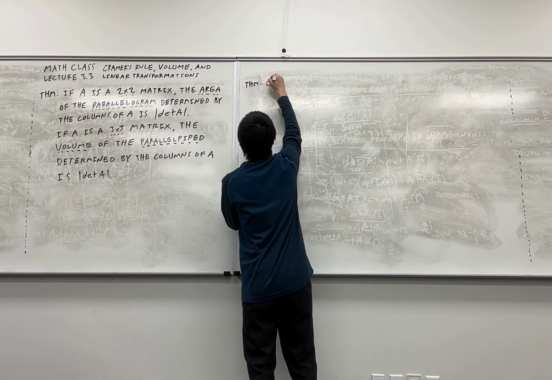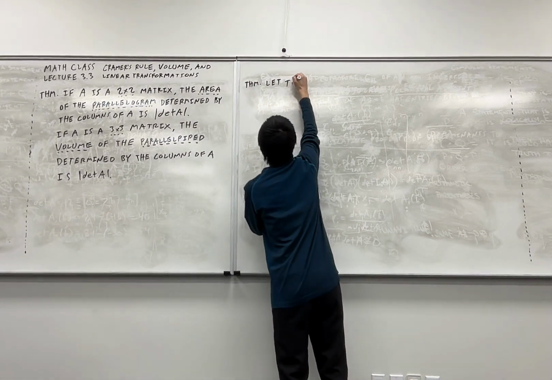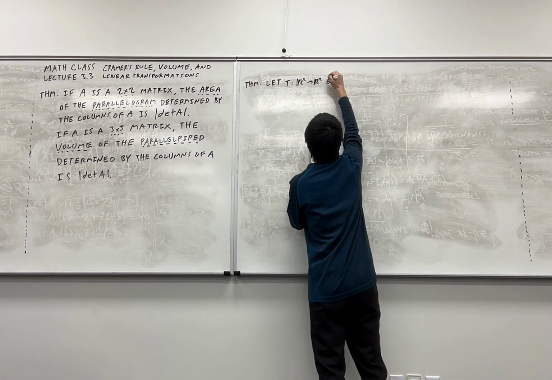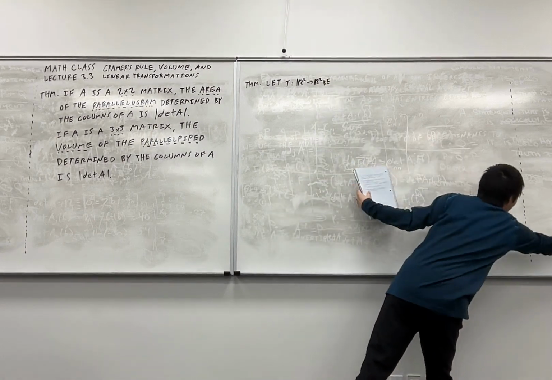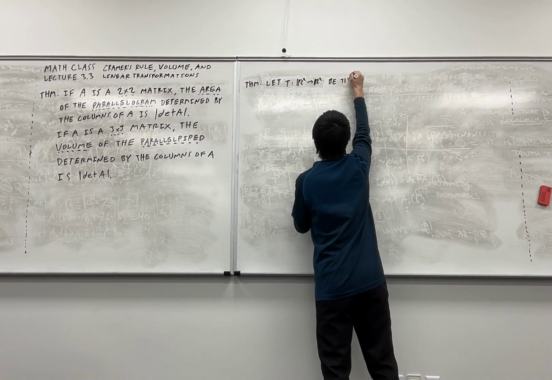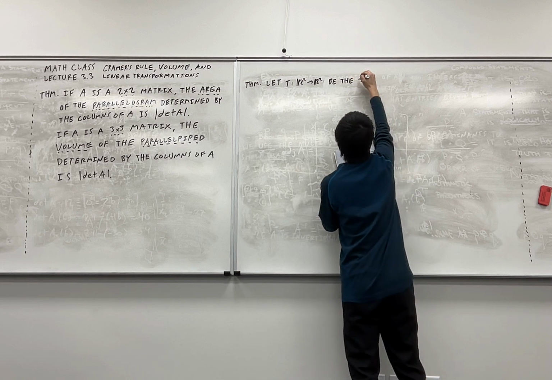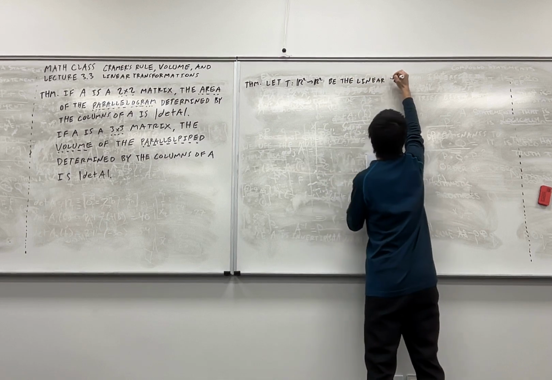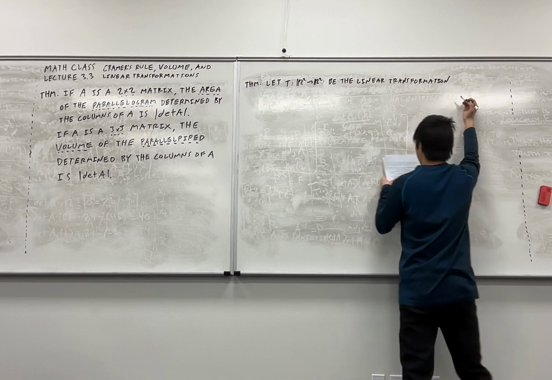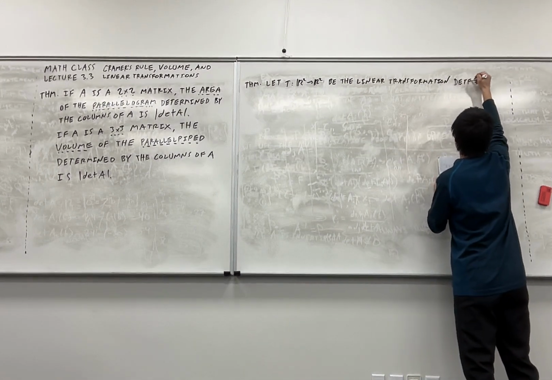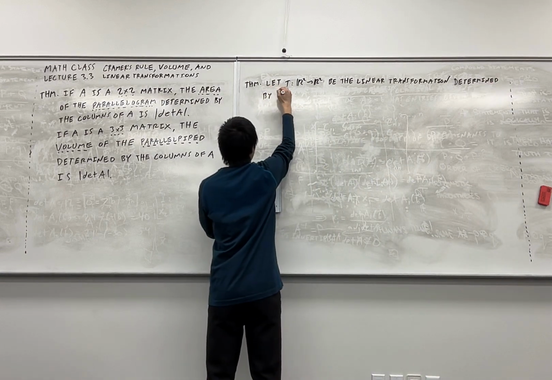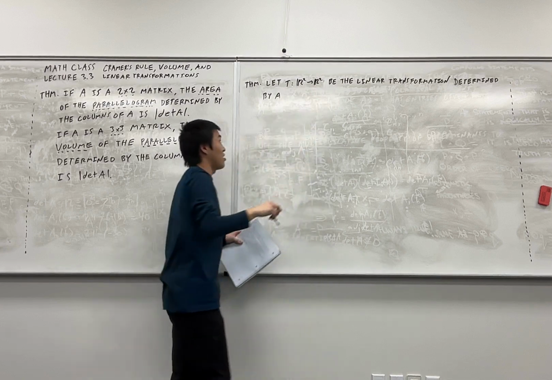So let, I love that word, T: R2 to R2 be the linear transformation determined by, okay, what dimensions does this information give me about the matrix dimensions?